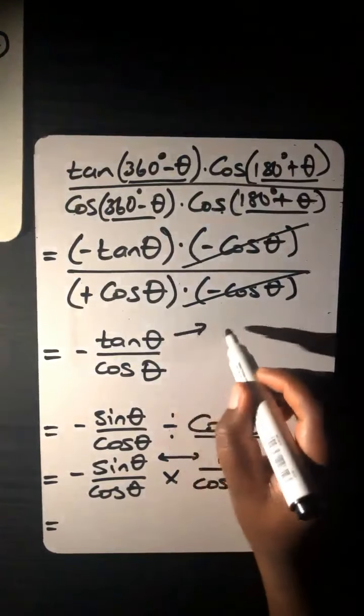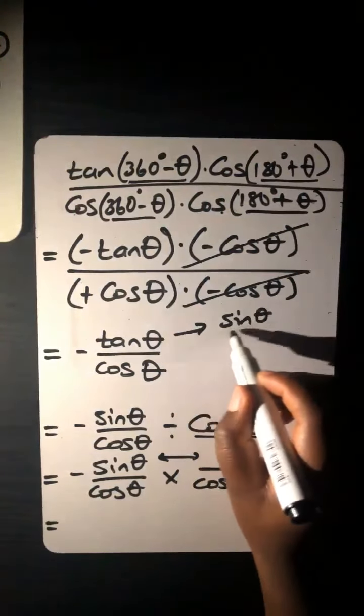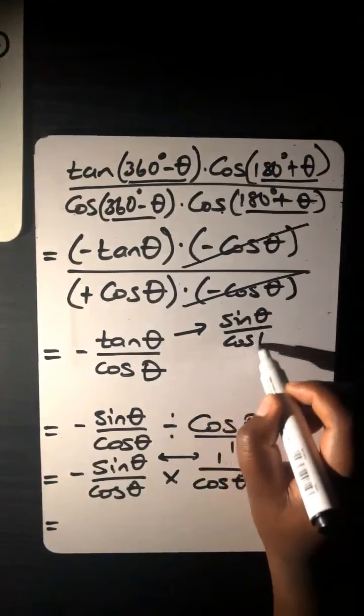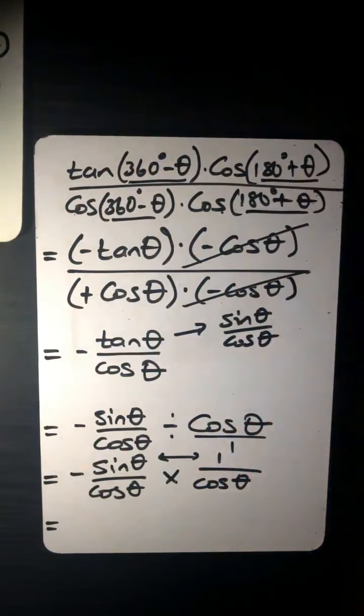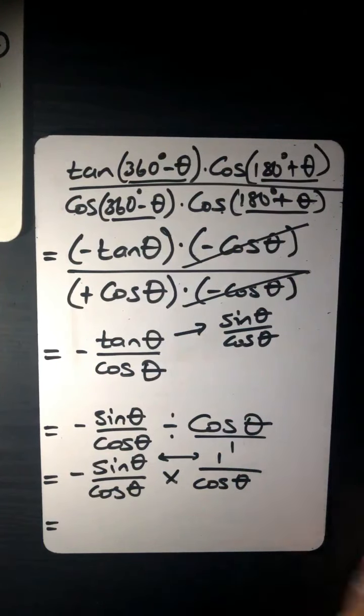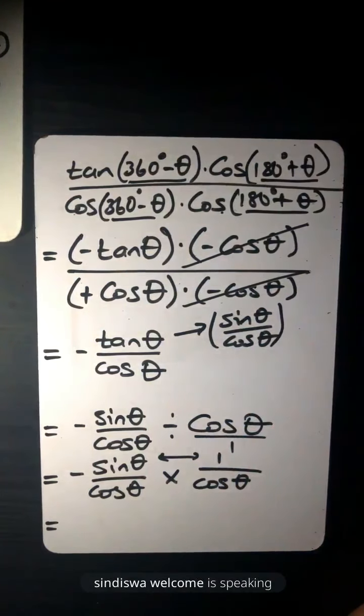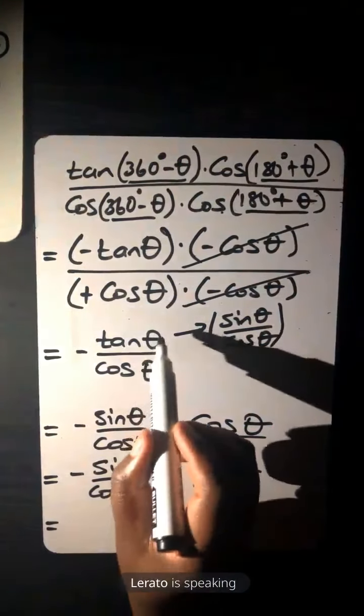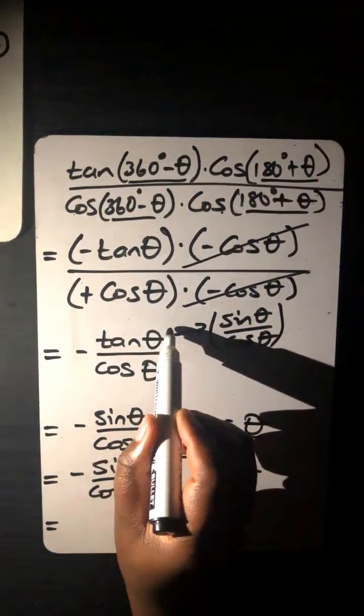Remember, tan is the same as sine angle over cos angle. Do you guys agree with me on that one? To say tan is actually sine over cos. Yes, sir.